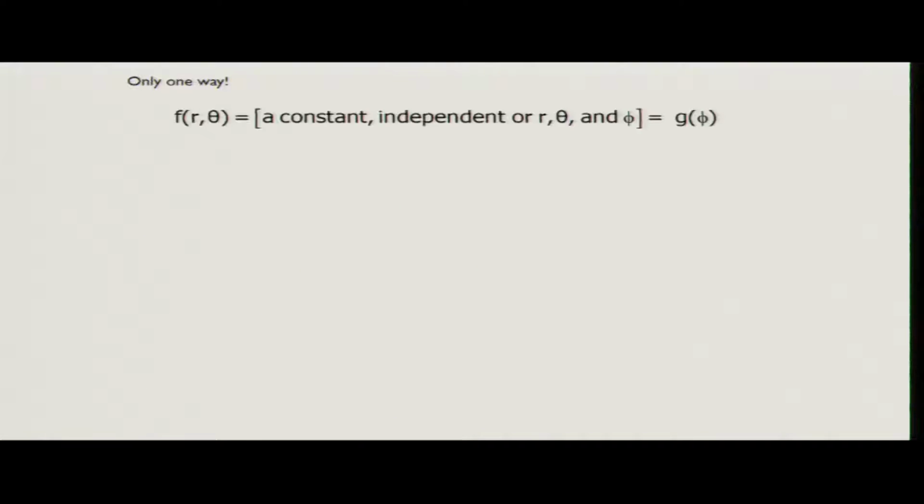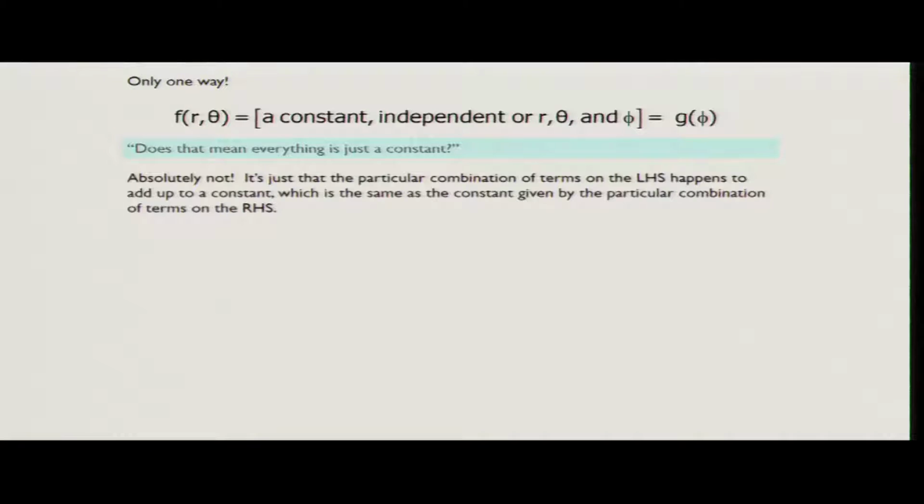This is possible in only one way: when both equal a constant independent of r, theta and phi. So, does that mean everything is just a constant? That is not true. It just means that the particular combination of terms on the left hand side happens to add up to a constant, which is the same as the constant given by the particular combination of terms on the right hand side.